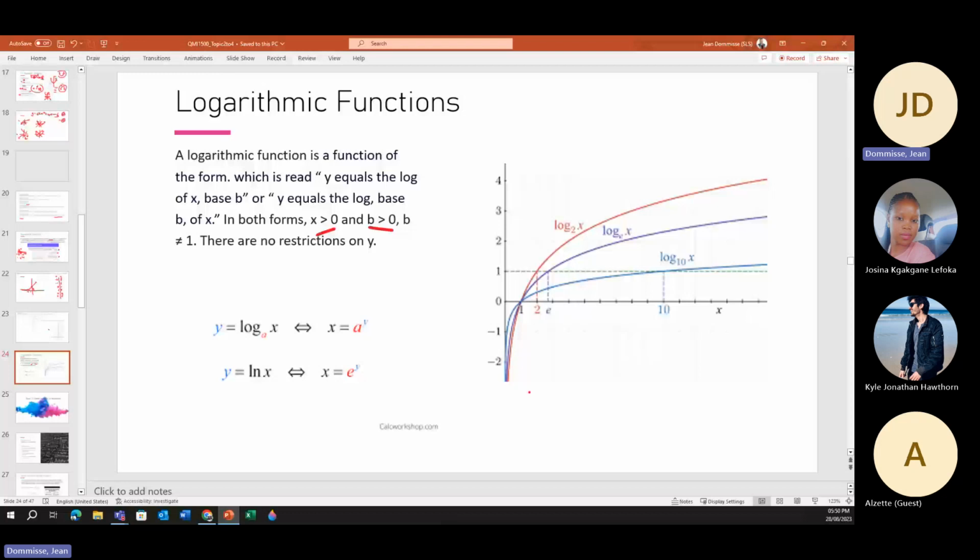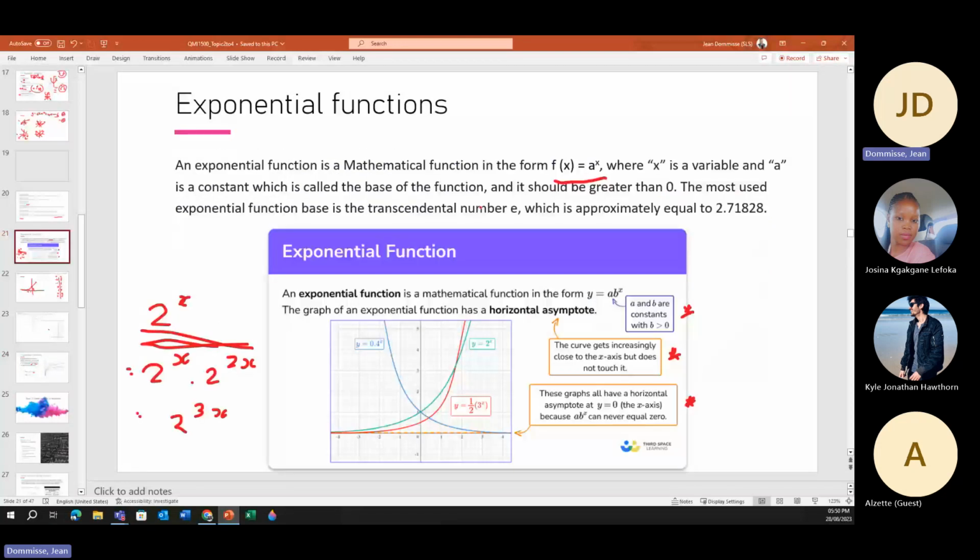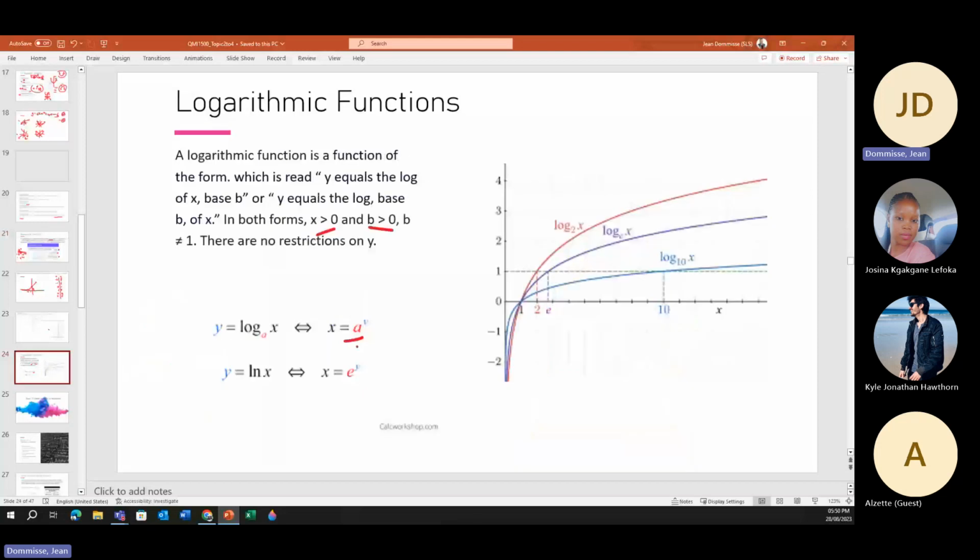So very similar, you can see as well, if we look at the exponential function, we look at the log function. The only thing now that is different is, look at your traditional exponential function would have been, say, e to the power of x.